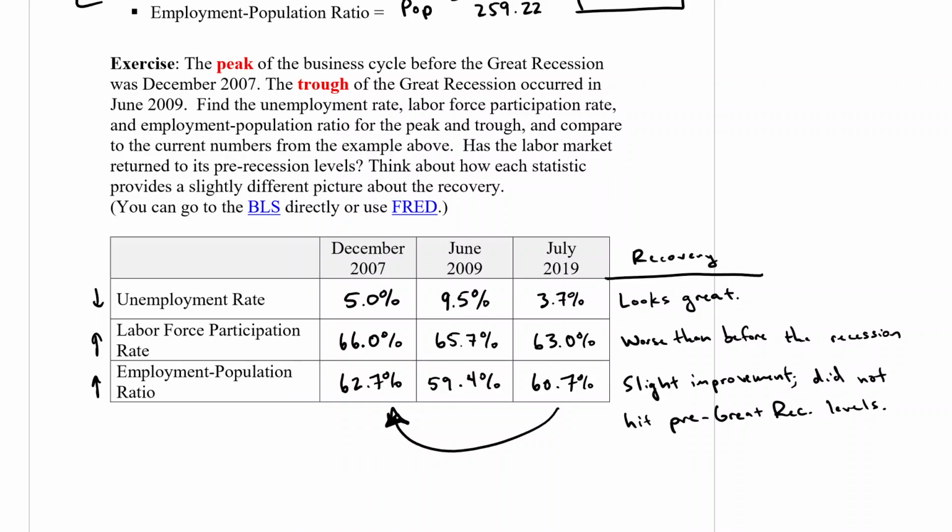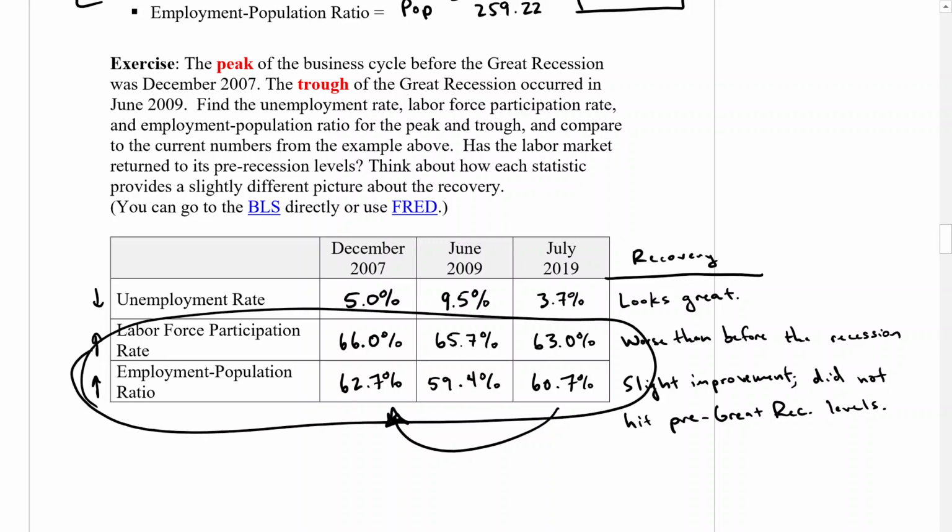Okay, so basically, part of the message here is that if you look at something like only the unemployment rate, it can look like the labor market has recovered very well. And in this case, it looks like it did. But if you look at the other two statistics, it's not quite as rosy a picture.